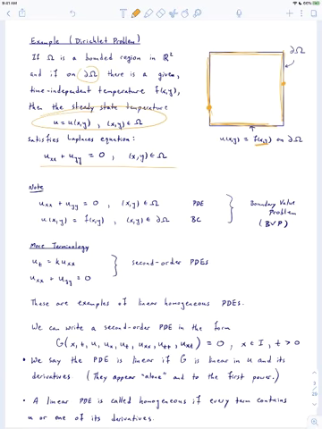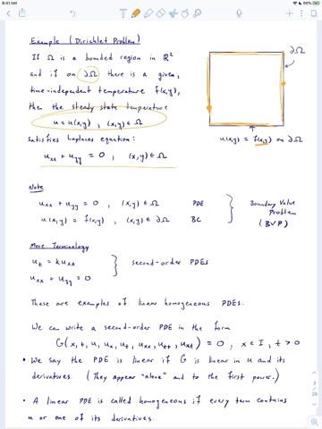This is for the steady state temperature. The idea is that if eventually the temperature reaches some kind of equilibrium or a steady state, then the function that gives you the temperature in that region, the steady state temperature, will satisfy Laplace's equation. This is an equation that we'll also talk about in greater detail later.